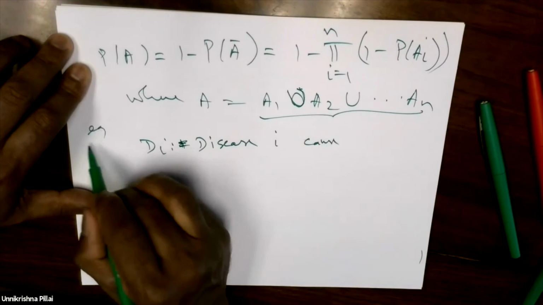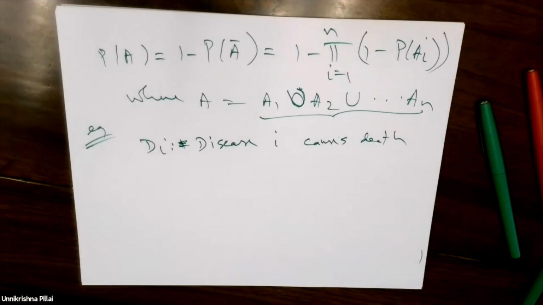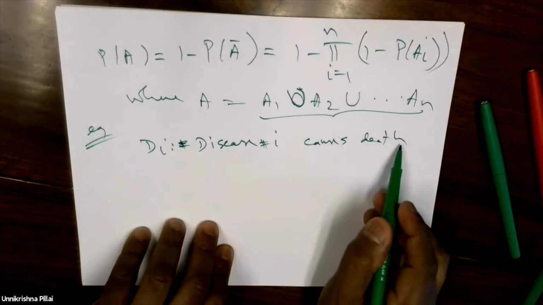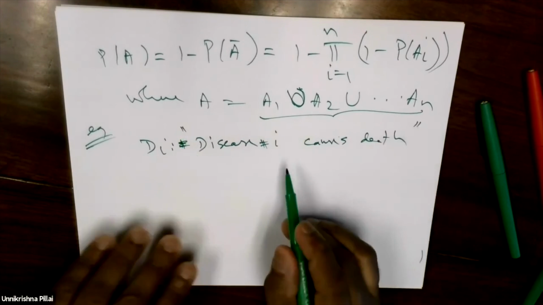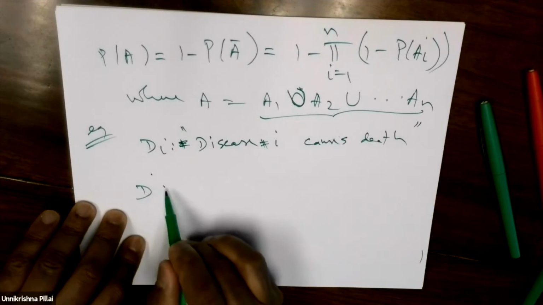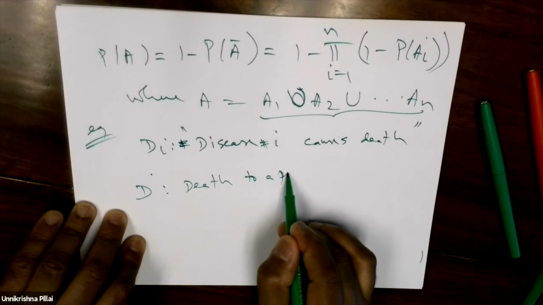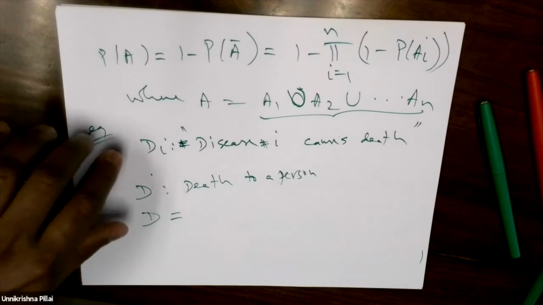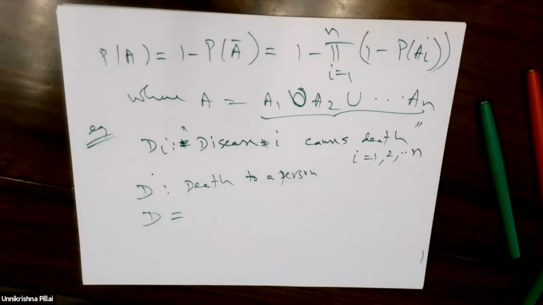So I'm going to give you an example. Let's say DI stands for the event that some disease number I causes death to a person. Let's say there are n diseases, D1, D2, etc., Dn, and D stands for death to any person.